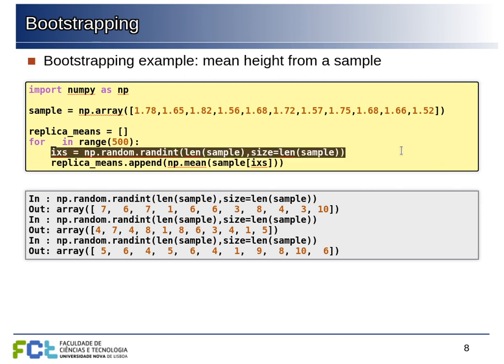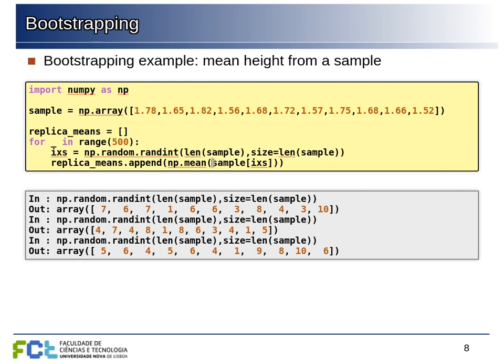So we obtain these indexes, we index the sample using these random indexes, and we obtain, for example, in this case, the element of index 7, 6, 7 again, 1, 6, 6. So you see, in this case, by chance, 6 happened to appear 3 times, then 3, 8, 4, and so forth.